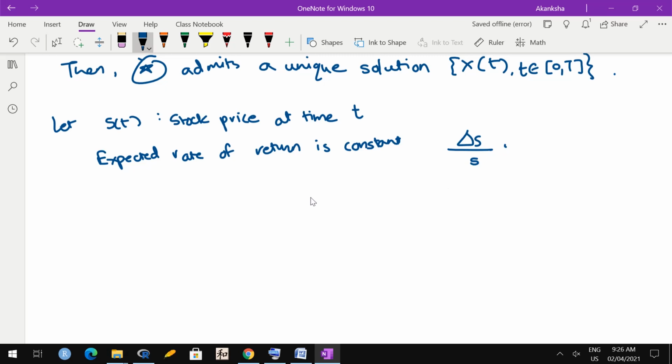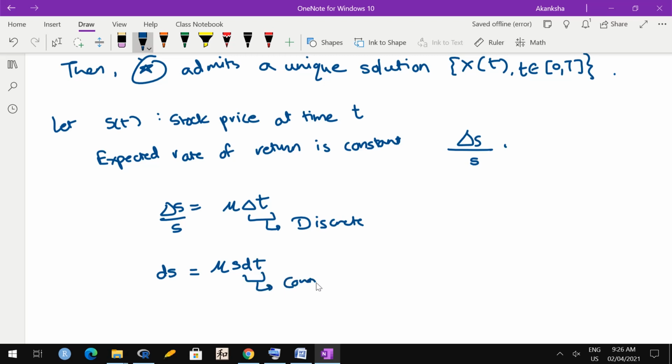So it can be written as delta S by S is equal to mu, and of course the return is with respect to time, so delta t is there. Okay, so this is dS equal to mu S dt. With this delta, when you write, this is known as discrete representation, and when you write dS, dt, this is known as continuous representation. Okay.